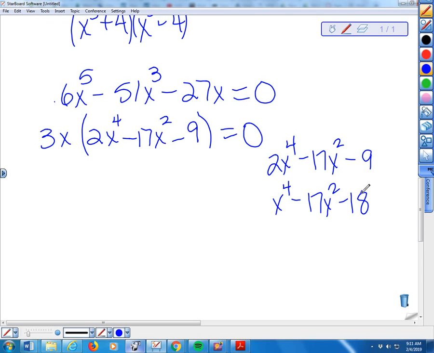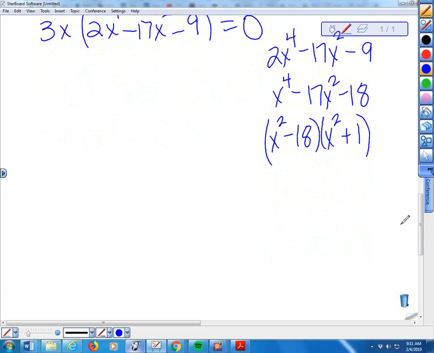Positive 18, negative 1. Is that right? Yes, it is. But this is divided by 6, and this is divided by 6, right? Yes.